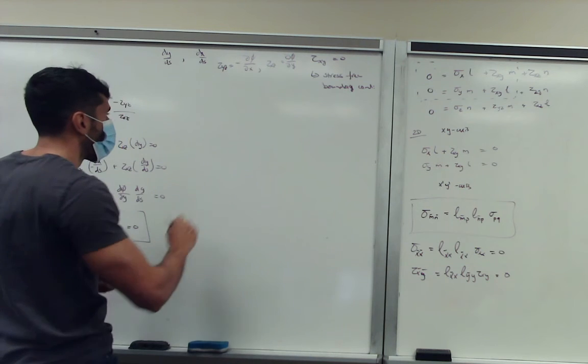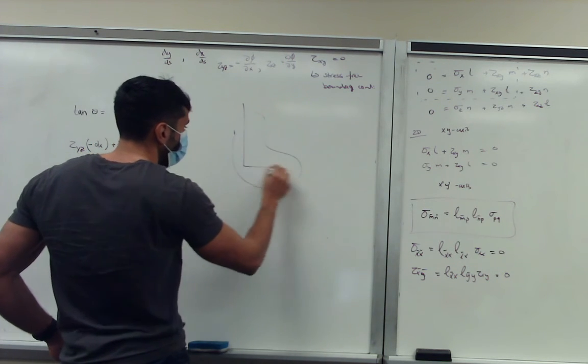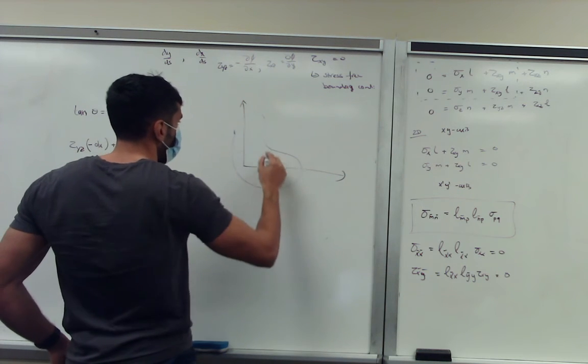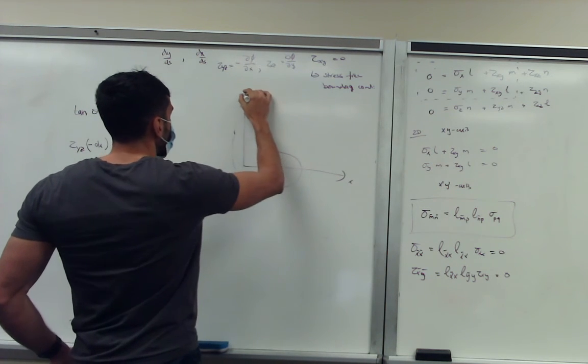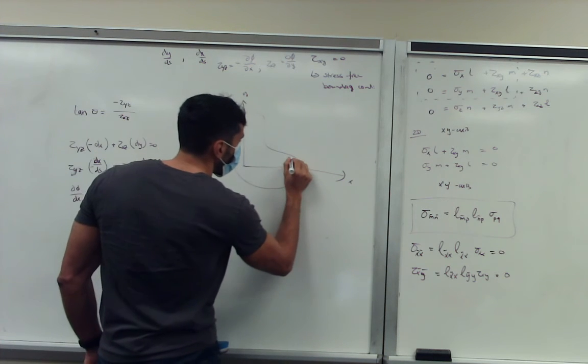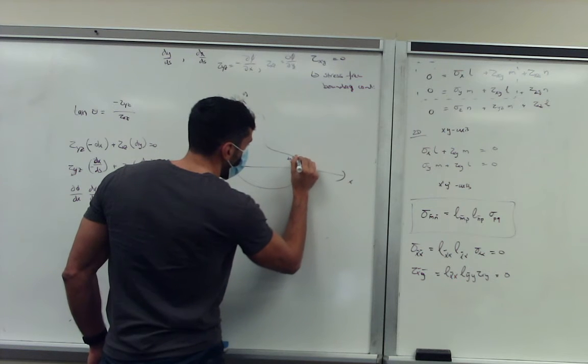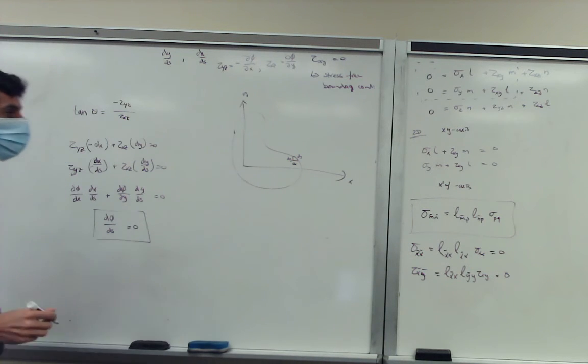If we had our cross section, we had an axis system. We said this is x, this is y, and we can look at a small incremental element at any location. So we have a dx, dy, and this path as our ds.